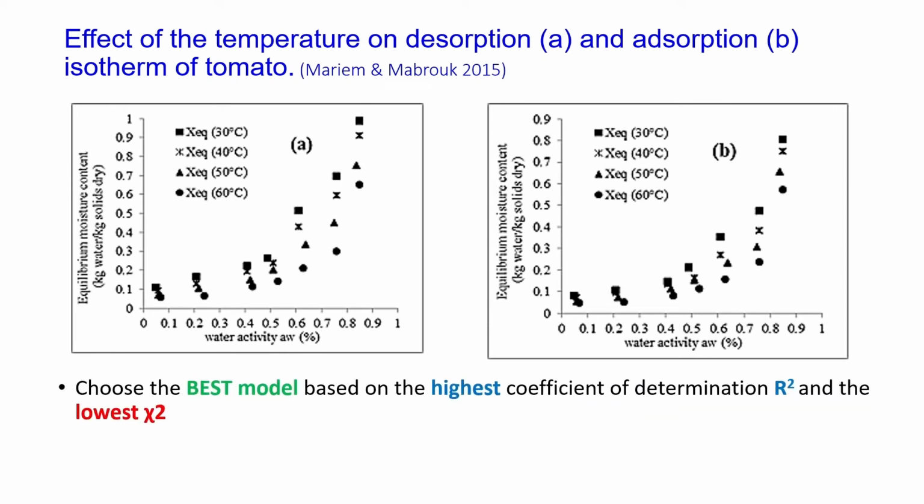So the first thing, we need to choose the best model, okay, to see which model fits the most, based on the highest coefficient of determination R square and the lowest chi-square. Okay, so you need to learn some statistical knowledge.